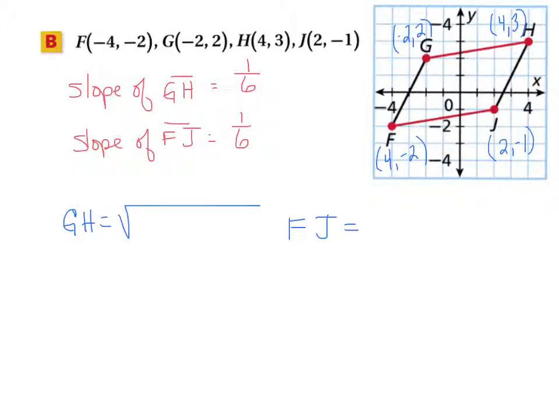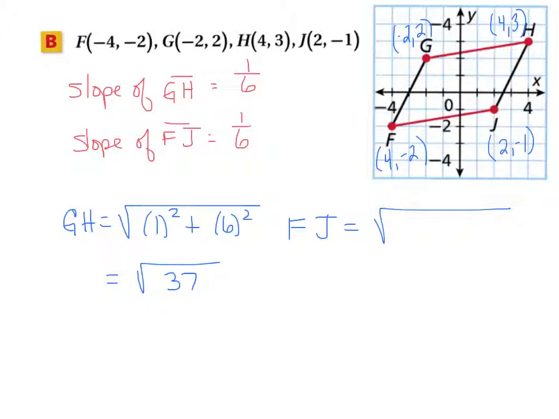Now, if I find the lengths of each of these, GH would be, let's see, 3 minus 2 would be 1 squared, plus 4 minus a negative 2 would be 6 squared. That would give me 36 plus 1, which would be the square root of 37.